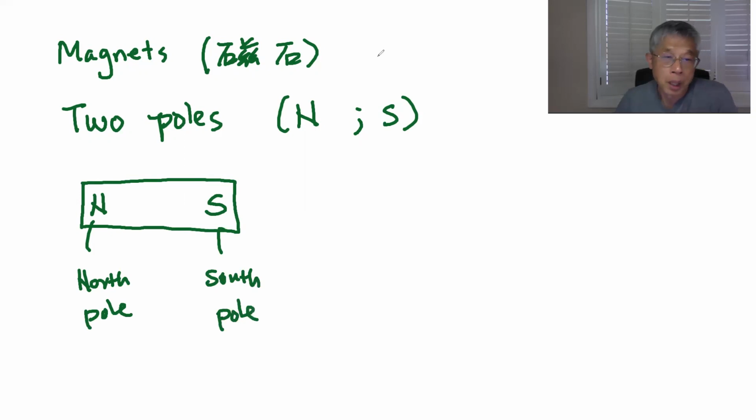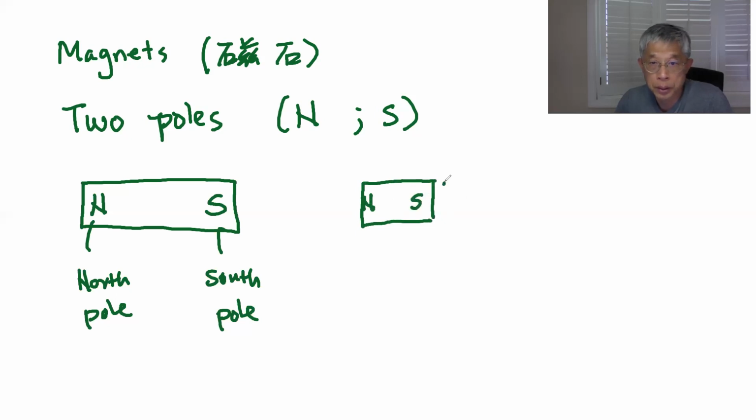Scientists have observed that whenever you cut a magnet bar, this piece becomes north, south, and this piece becomes north and south.